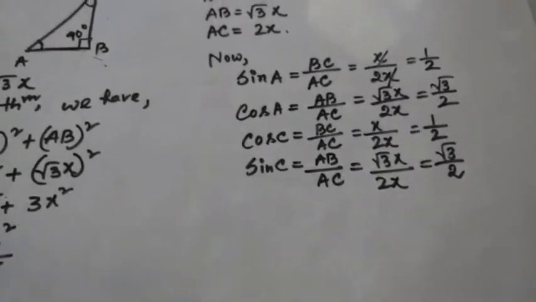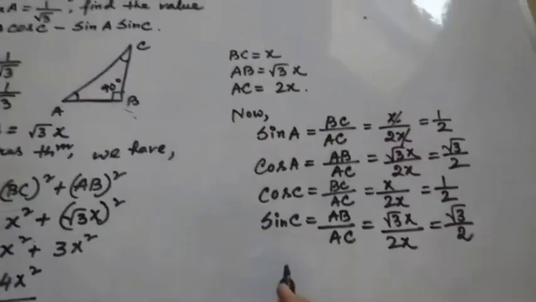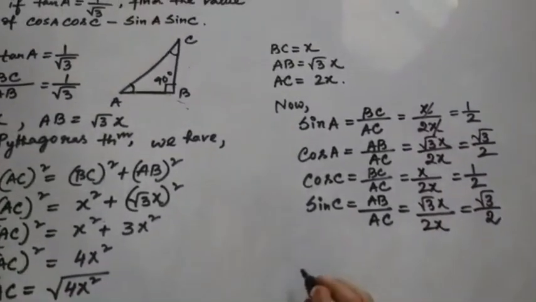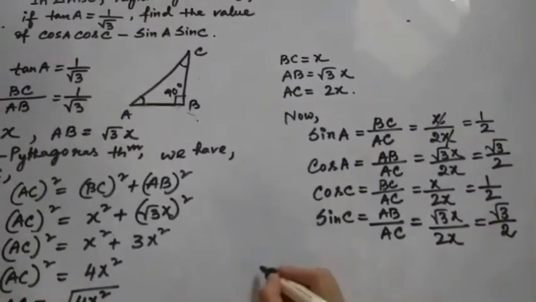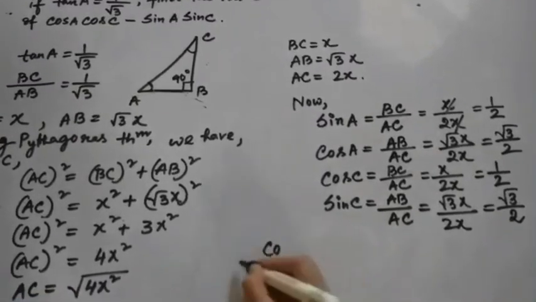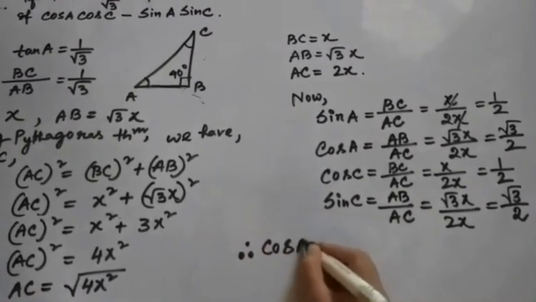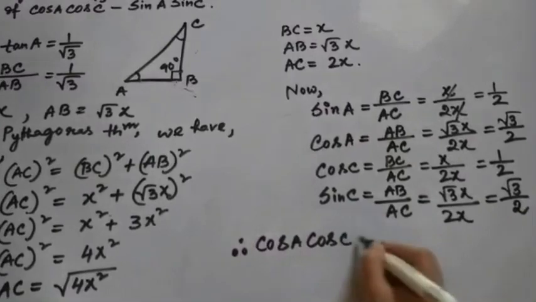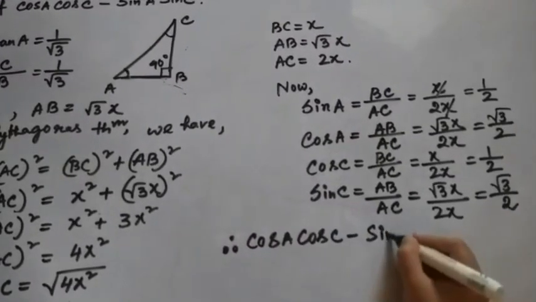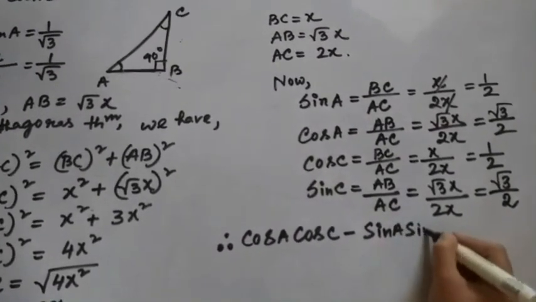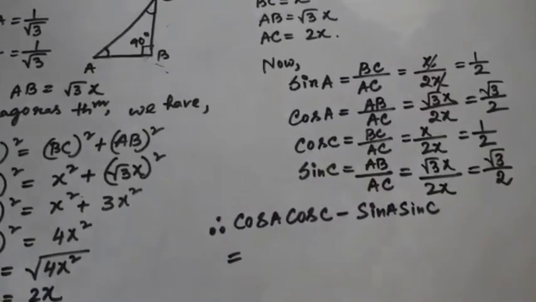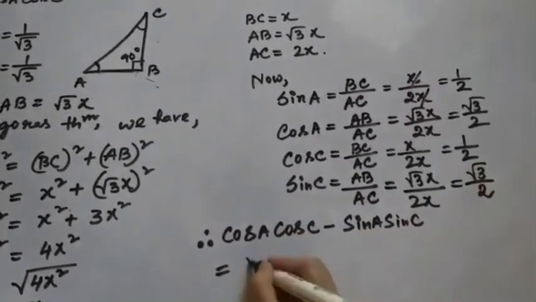Now we have to just copy the question. Therefore cos A cos C minus sin A sin C equals to, what is the value of cos A? Root 3 by 2.